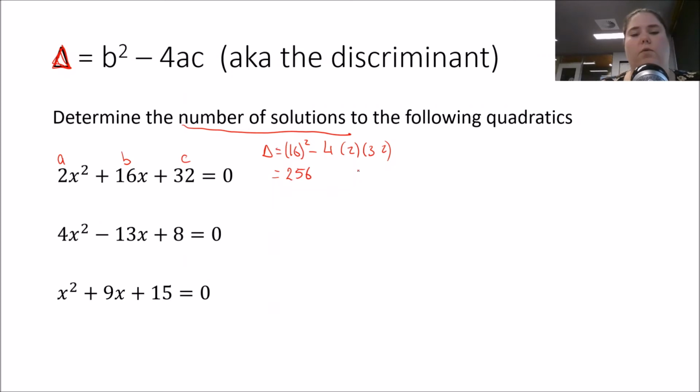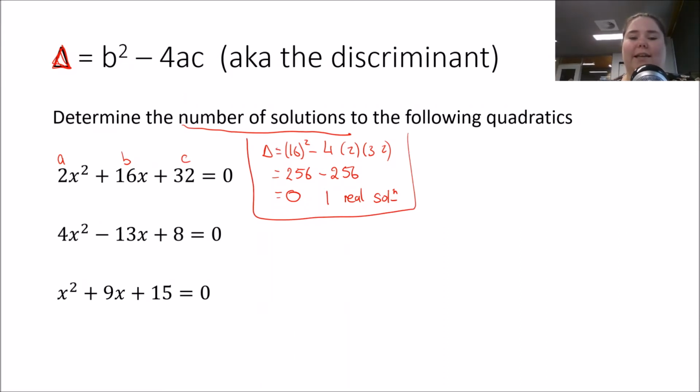And negative 4 times 2 times 32 is minus 256. So we come out with 0. So that tells us there is one real solution to this quadratic. So if we factorized it and got to an x value, there would only be one answer rather than 2.